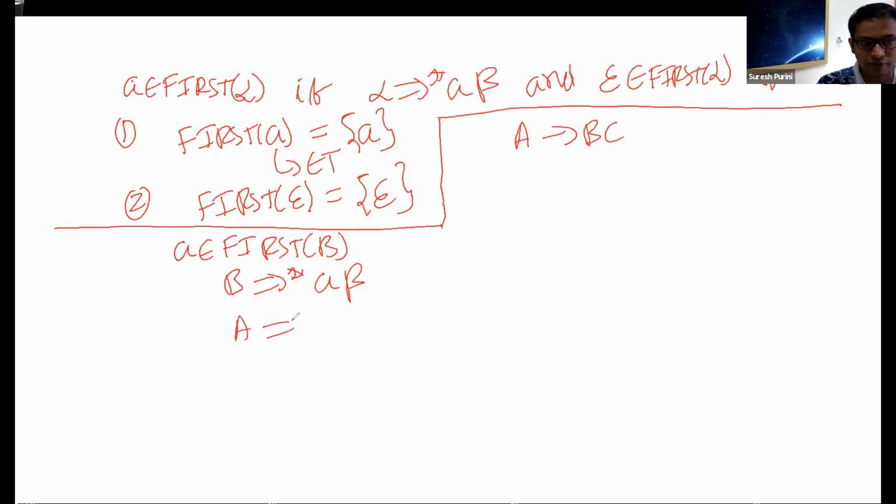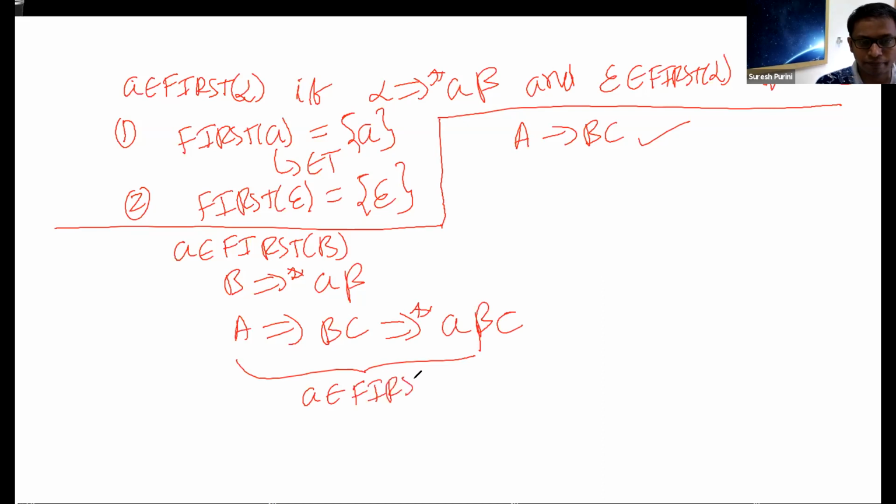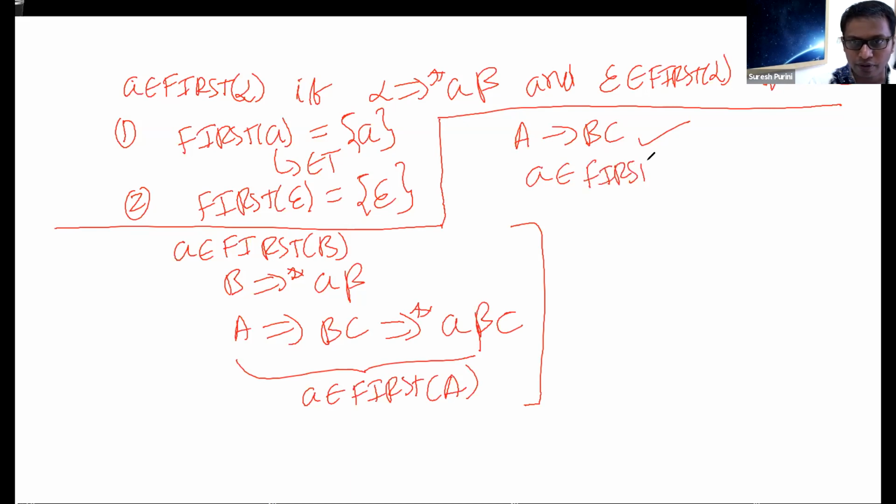So from this we can say from A we derive BC because we have the substitution rule, and from B we can generate a beta and C. So this whole derivation implies that a belongs to first of A. To summarize, if we have a substitution rule like A goes to BC, and a belongs to first of B, together they imply a belongs to first of A. This is the first observation.